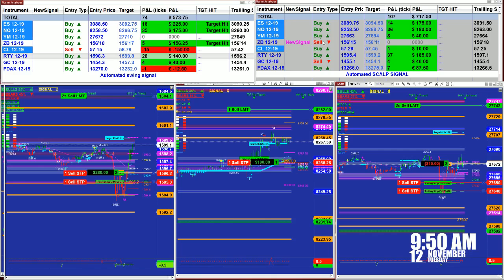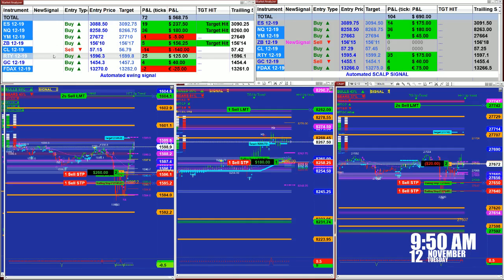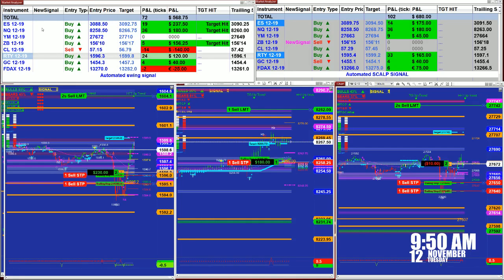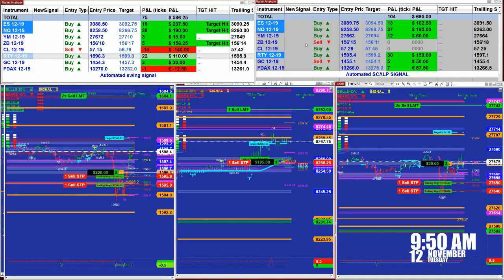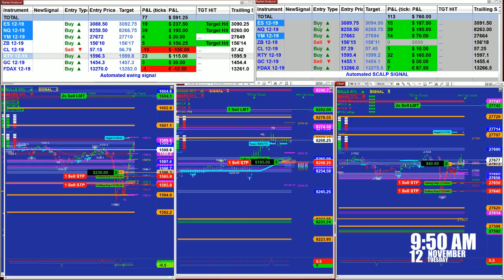On the scalping, we just had an entry signal, sell, and this is where you're going to have a new signal, right at the left column, the first column. As an example, buy entry on the ES 30.8975, target 30.94.